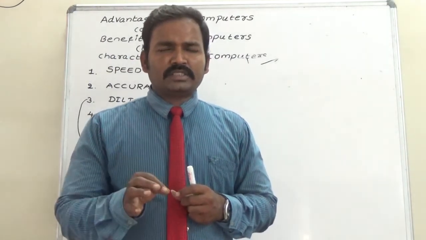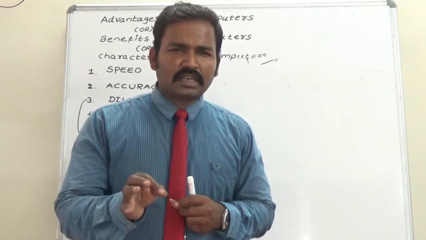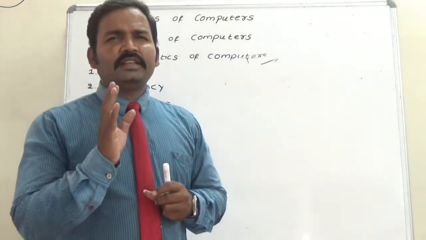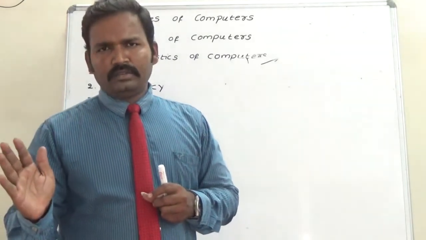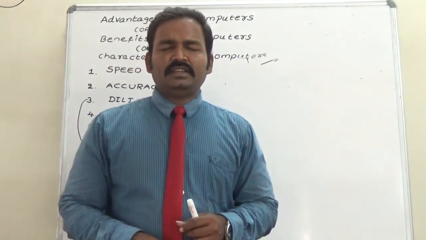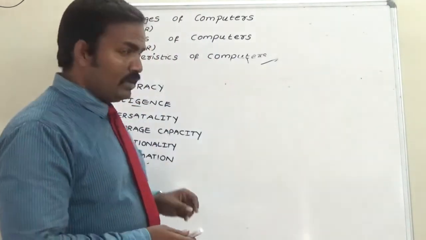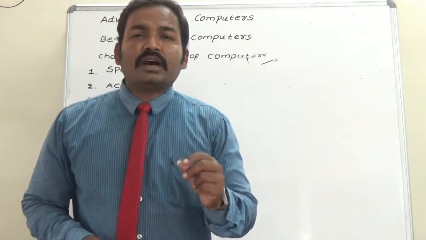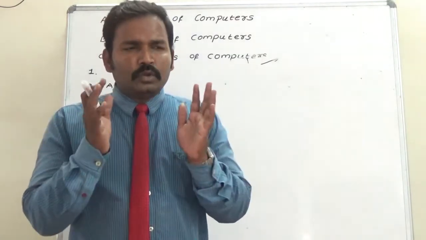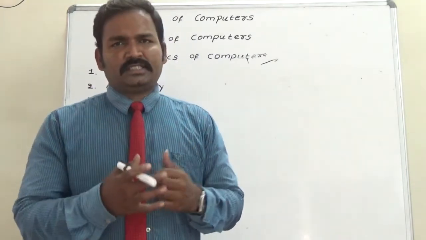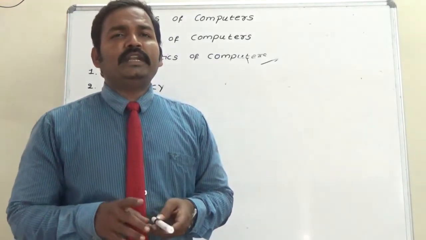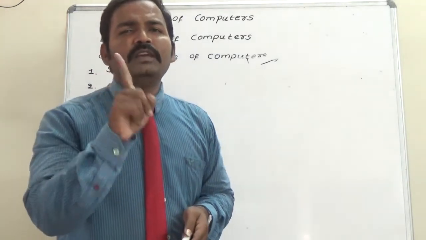Computer works according to the instructions. Computer cannot do anything on its own. It works according to the instructions. Here, what is automation? Computer allows automation for any process. If you want to perform a repetitive task, you need to instruct the computer only once.